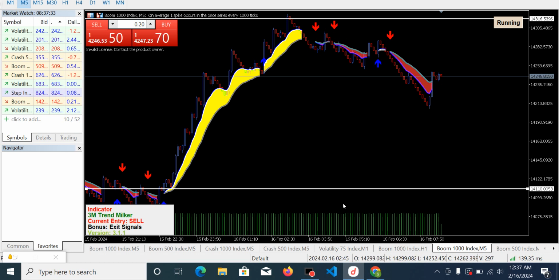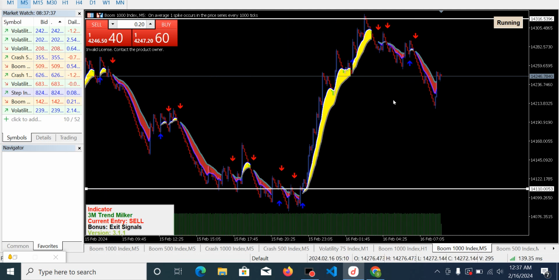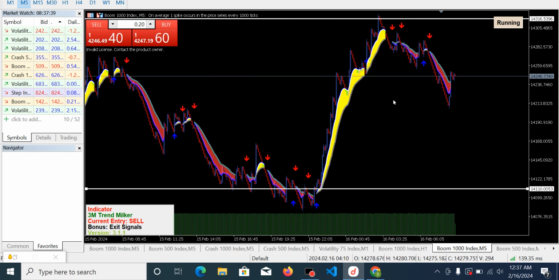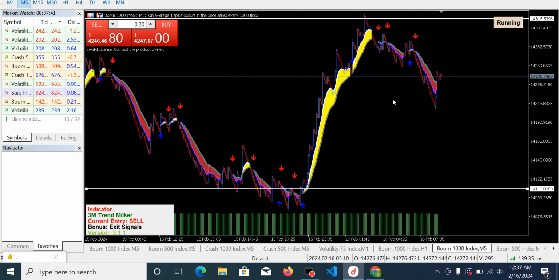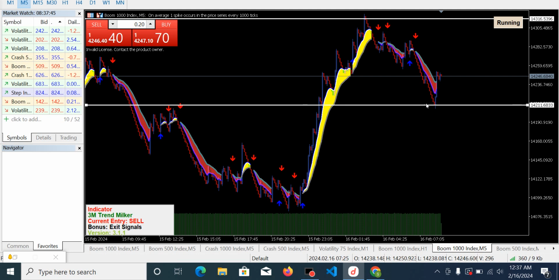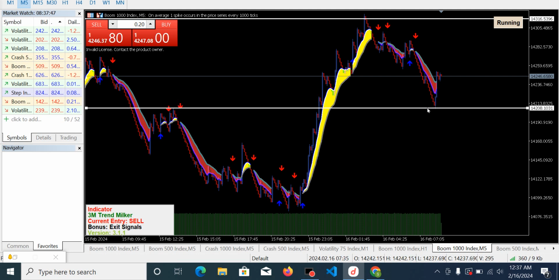In most cases, before I pick up my trades right here, I love zooming in a bit, so that I get this kind of structure and I am able to do more analysis that way. Right here I know there is a support zone which has not been broken, and we saw it around here, and it got there around here also.